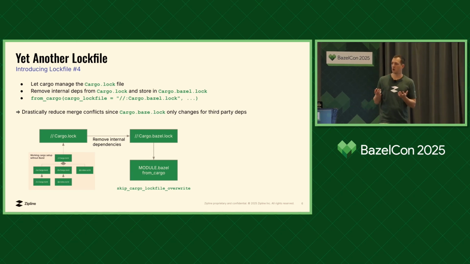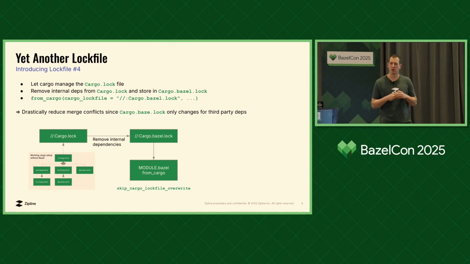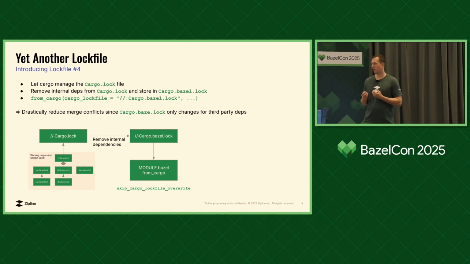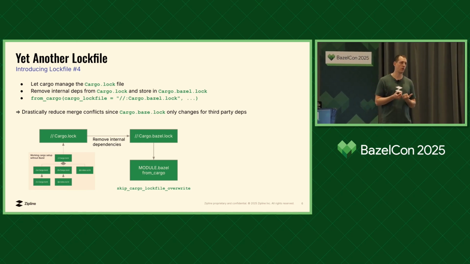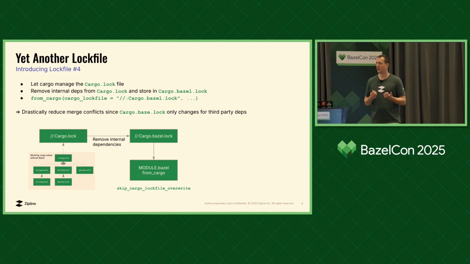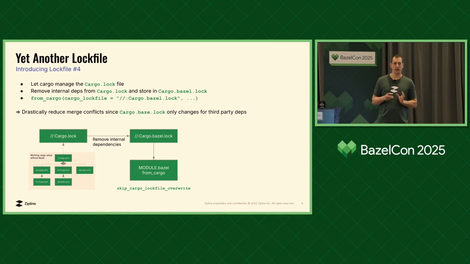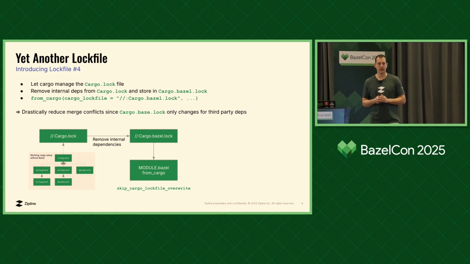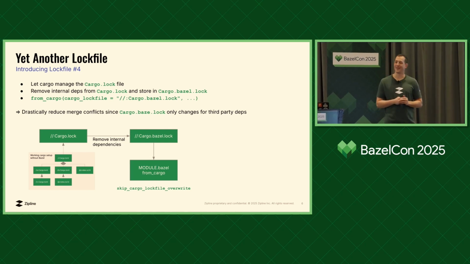So it is no longer a source of merge conflicts, and we can bring back the module.bazel.lock file under version control. But of course, it's not a great developer experience now, because we have to make sure our cargo.lock file is up to date, and you need another external tool that removes the internal dependencies for you, so not really great. So I made a PR to bring that logic back into rules Rust, and that PR was merged yesterday evening, as it often happens with conferences.